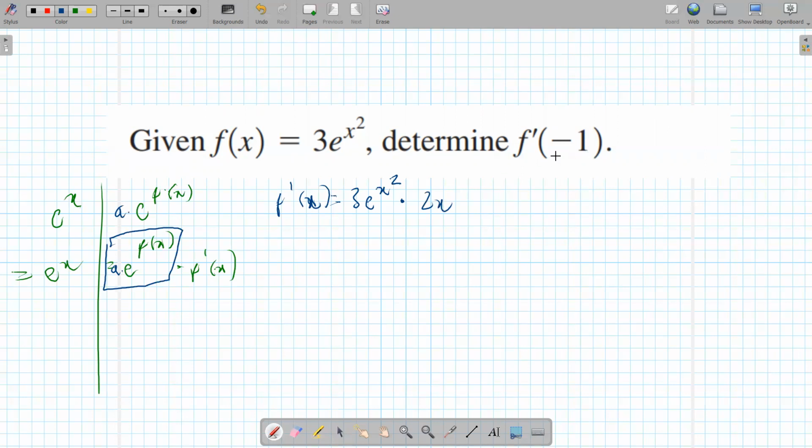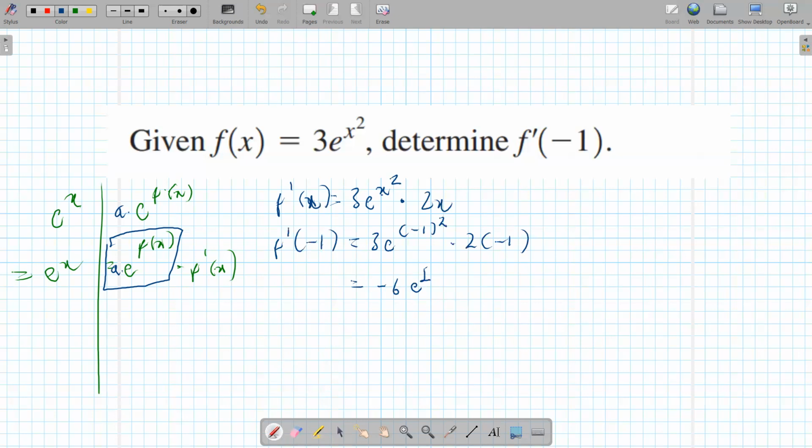So the next one is f prime of negative 1. We already have f prime of x. We want to find f prime of negative 1. We're simply going to replace this x and this x with negative 1. So it's going to be 3e to the negative 1 squared times 2 times negative 1. So this will give you negative 6e, since negative 1 squared is 1.